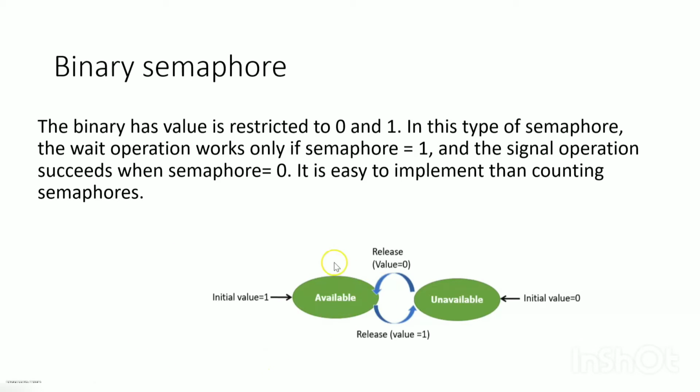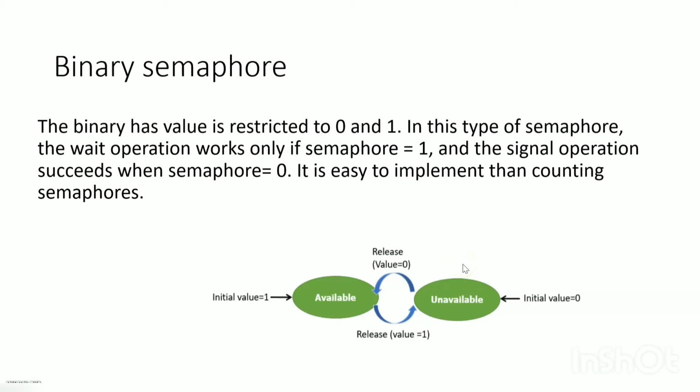And the state of that binary semaphore will be the available state. And if any process is accessing the semaphore, it will be in the unavailable state and its value will be 0.